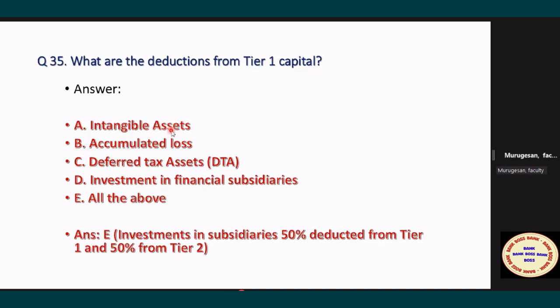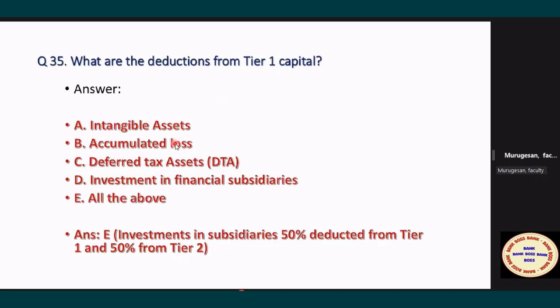Right now, you don't recognize this as a part of your capital; it will be on the asset side. Ultimately, intangible assets will become a loss, meaning it is only a book entry. Sometimes it will have no market value, but they simply accommodate it as an intangible asset instead of absorbing it in the P&L account.